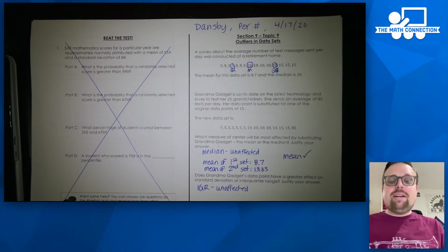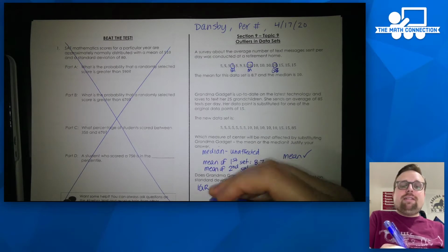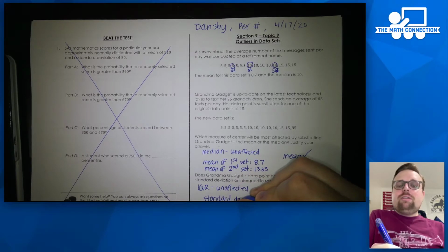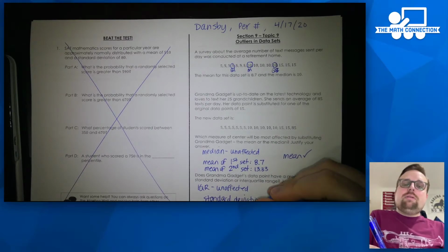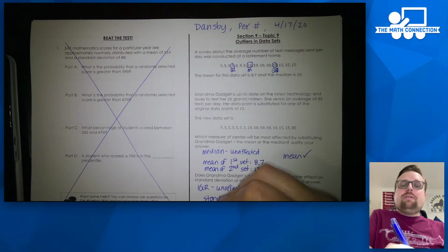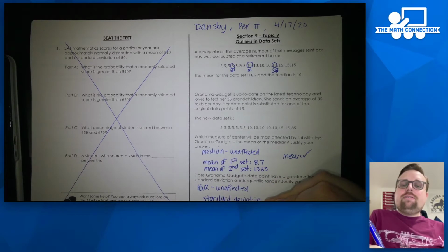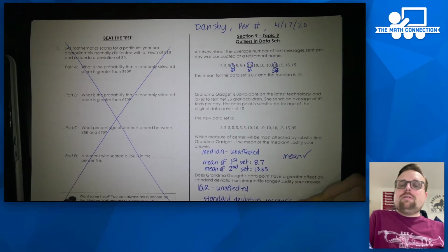And so the standard deviation is going to definitely be affected by that. Standard deviation is going to increase because 85 is super far from the average.